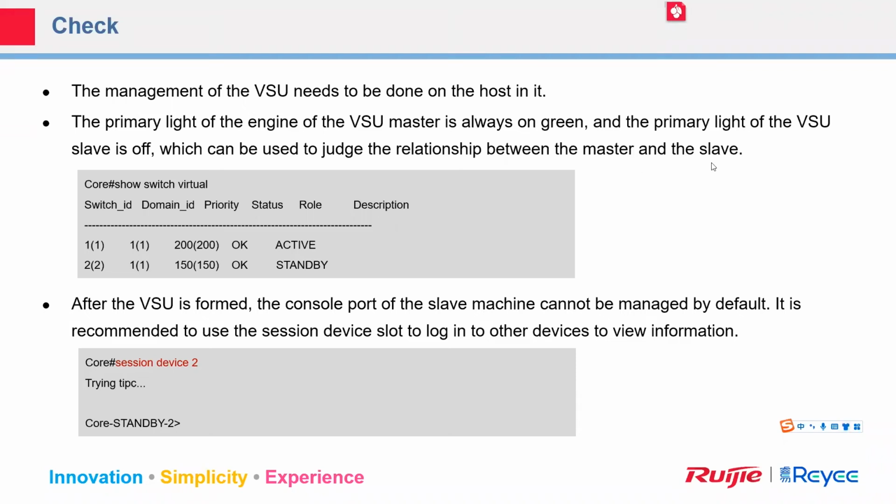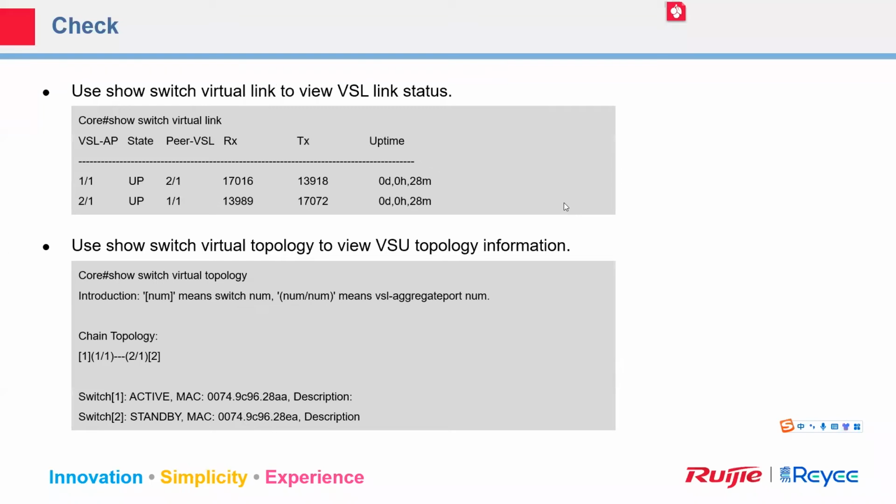Do you see switch stacking in the Ruijie configuration? Not yet. You only see VSU, right? Different vendors may have different names.